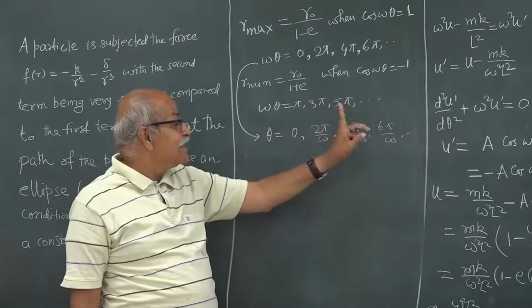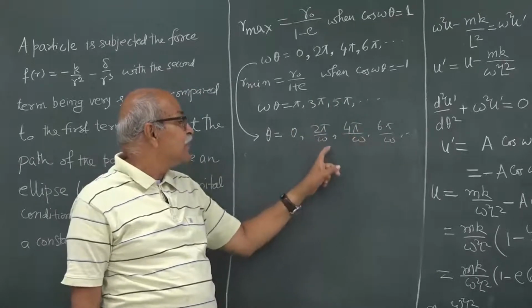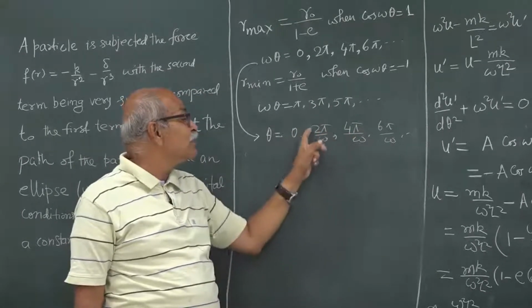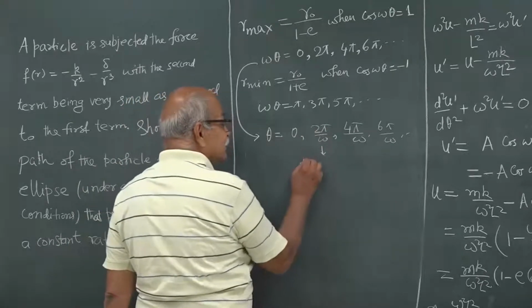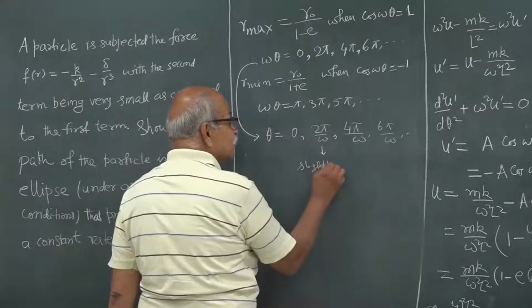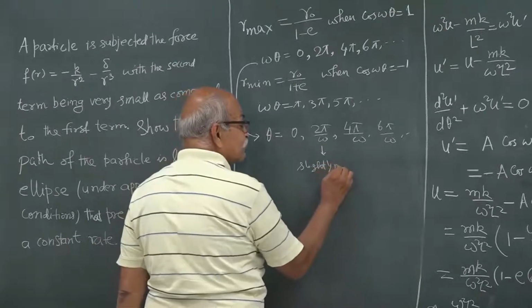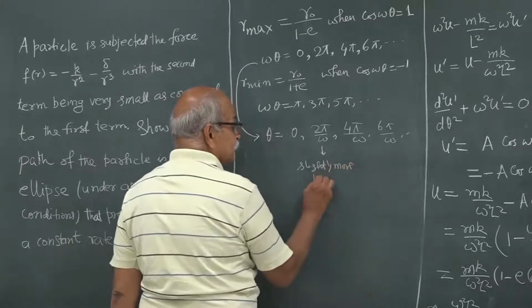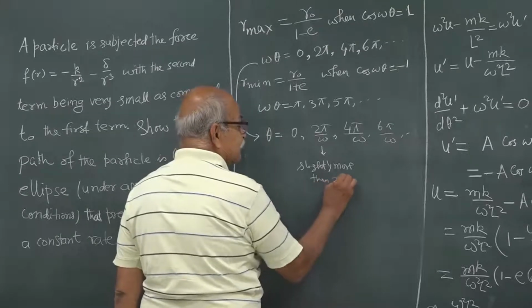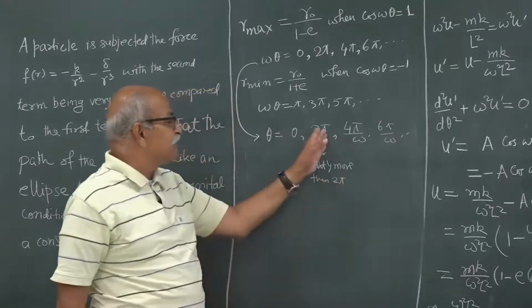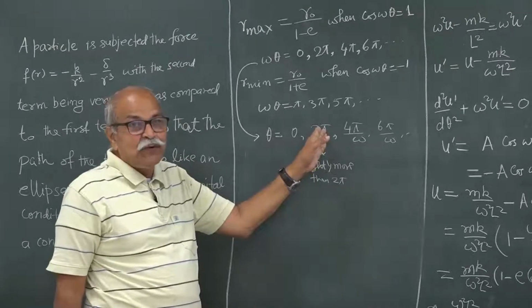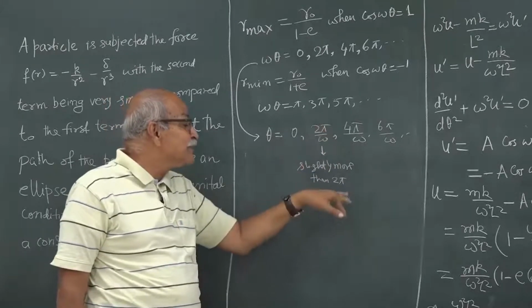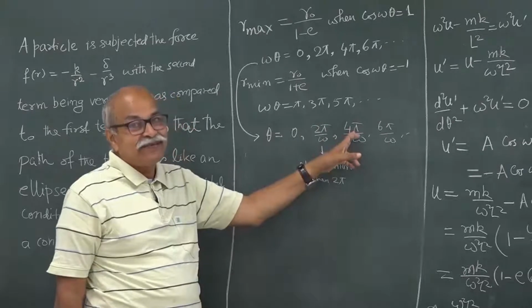So this quantity is slightly more than 2 pi, and at whatever theta this becomes maximum, once again you go slightly more than 2 pi to get the next maximum.